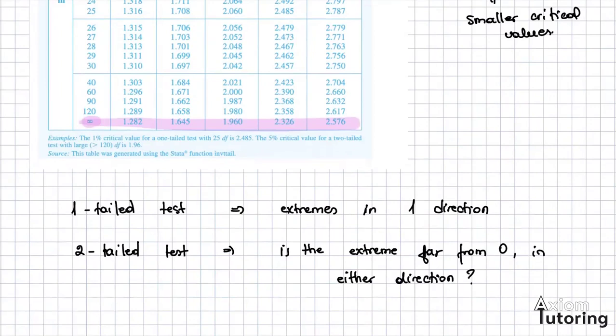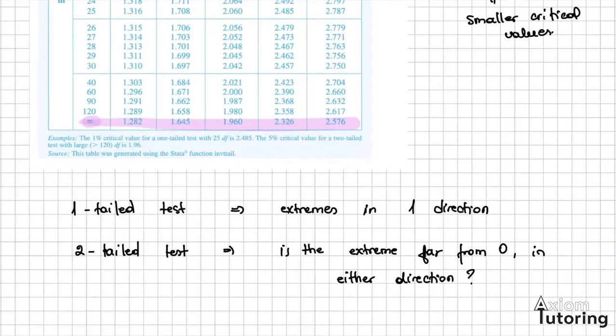What you care about in here is either very positive values or very negative values, and you are looking in both tails. So the number of tails comes from the question that you ask, not from the data. Be very mindful of that.